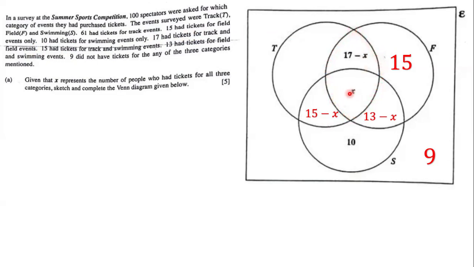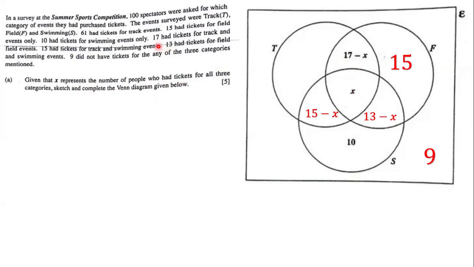But if we know that the middle is equal to X, then this part is going to be 17 minus X. We know the middle is X because X represents the number of people who had tickets for all 3.